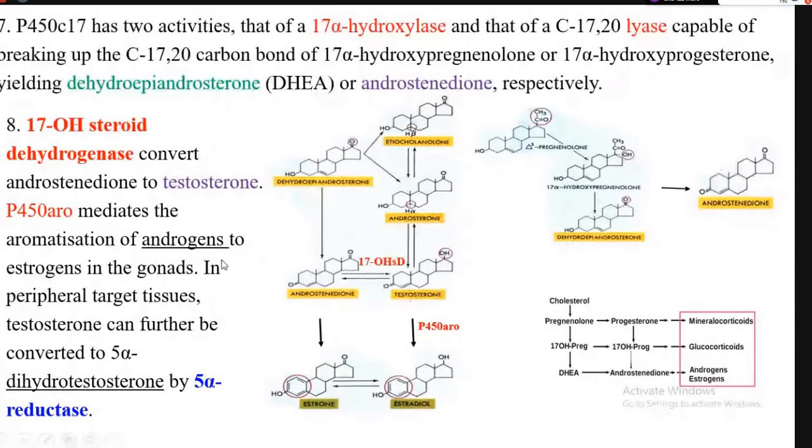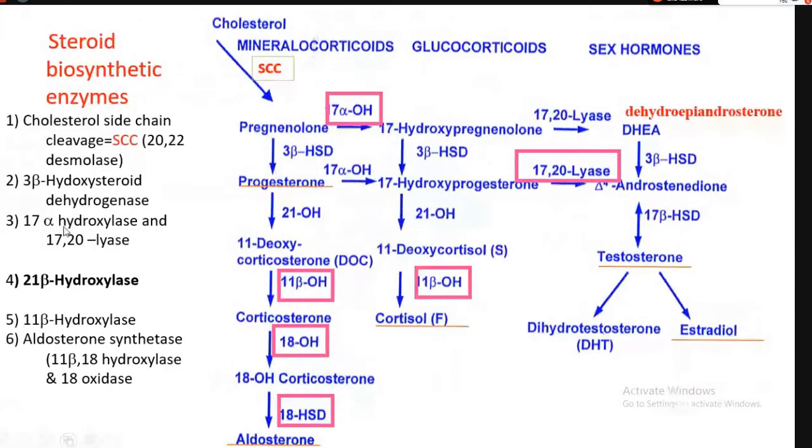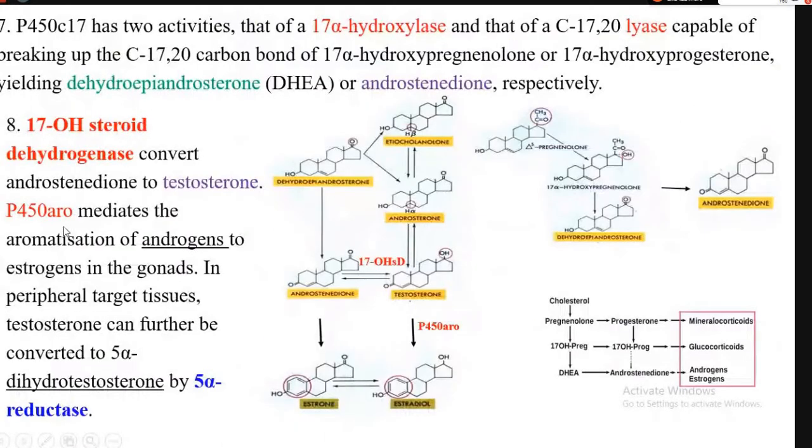And then what happens? The P450 aromatase enzyme mediates the aromatization of androgen to estrogen in the gonads. In peripheral target tissue, testosterone can further be converted into dihydrotestosterone by 5-alpha reductase. Now I am covering all this.